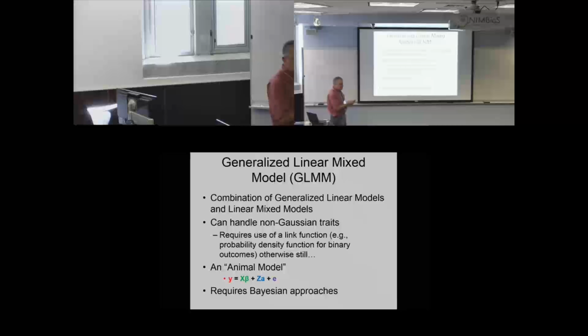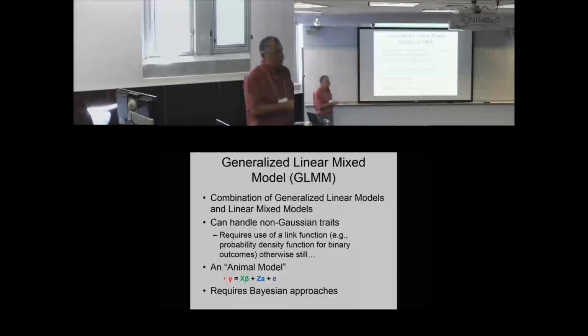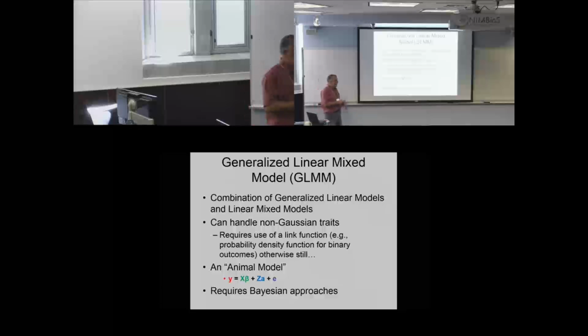And the answer is we have a good shot at doing that now using what are known as generalized linear mixed models, or GLMM. This is a combination of generalized linear models and linear mixed models. And these should be able to handle non-Gaussian traits. It requires the use of a link function in order to do this, but otherwise it's still using an animal model, and this definitely requires Bayesian approaches.